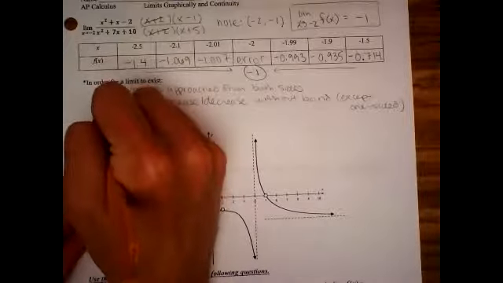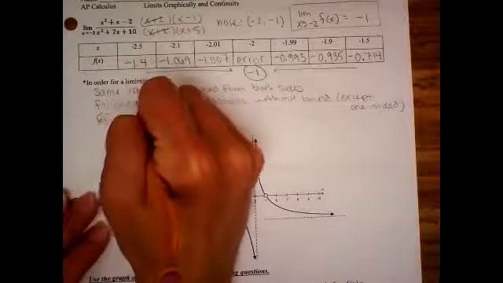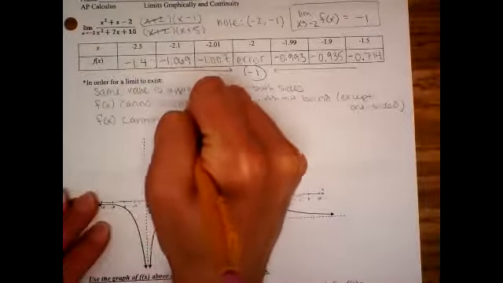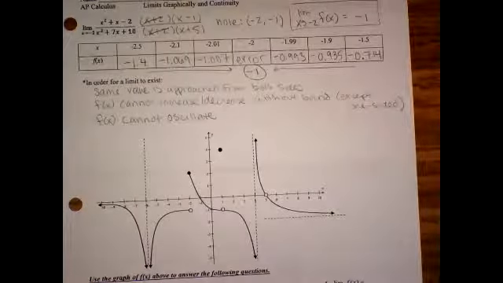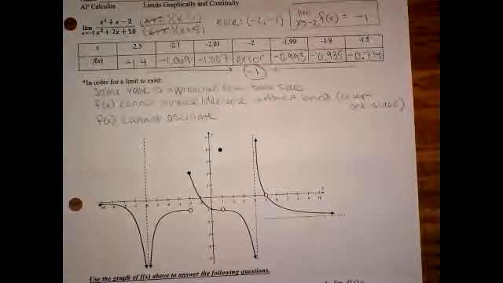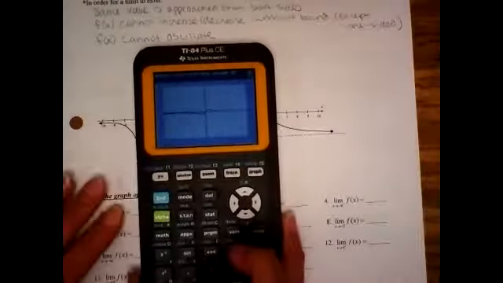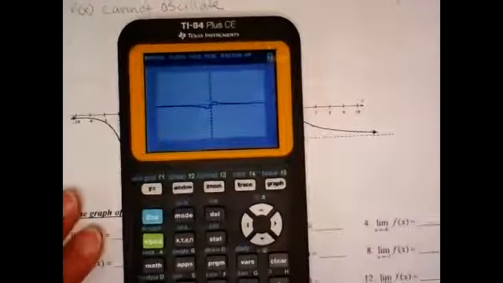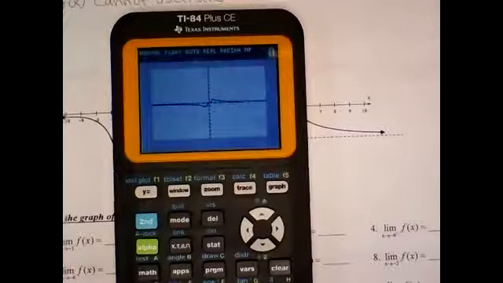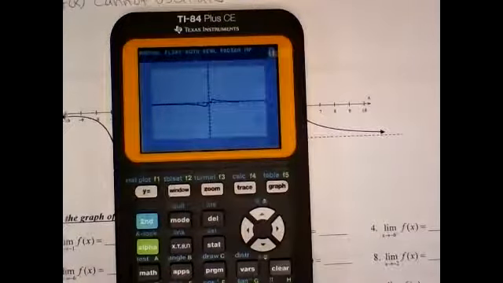And then last thing, f of x cannot oscillate, which let me type in an example and show you that. This is the graph of sine of 1 over x. Do you see how right at 0, if we were doing limit as x goes to 0, it looks like a little heartbeat kind of thing?